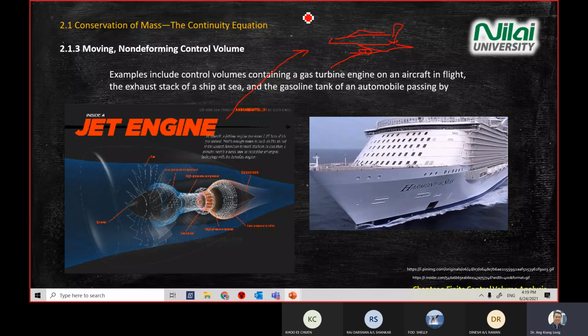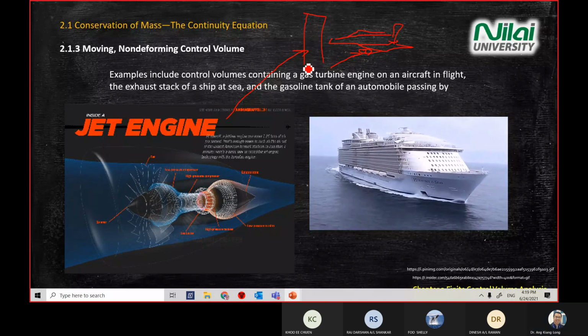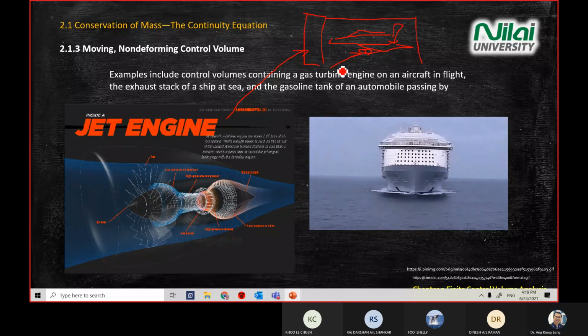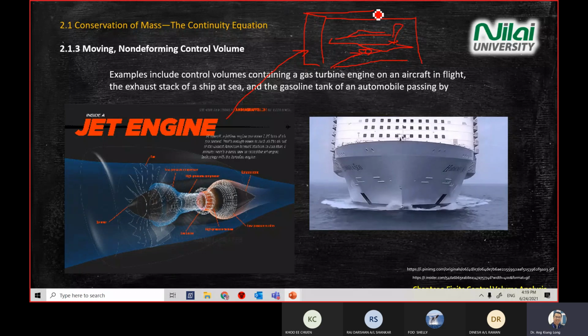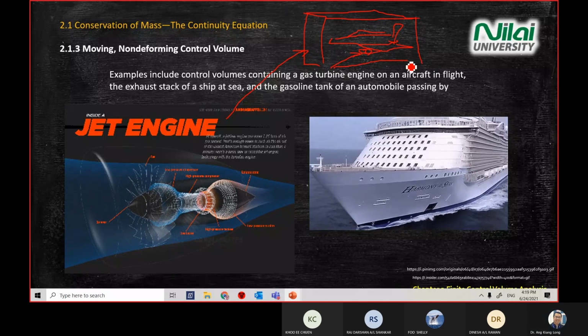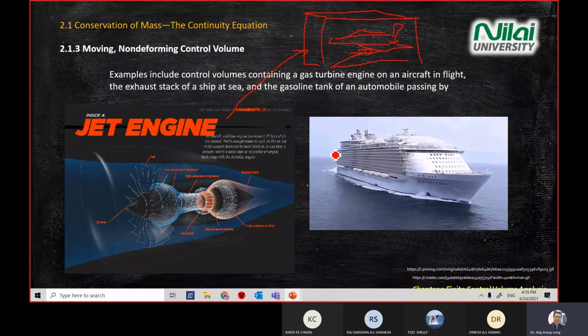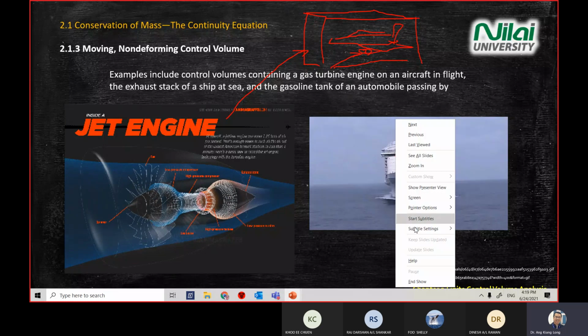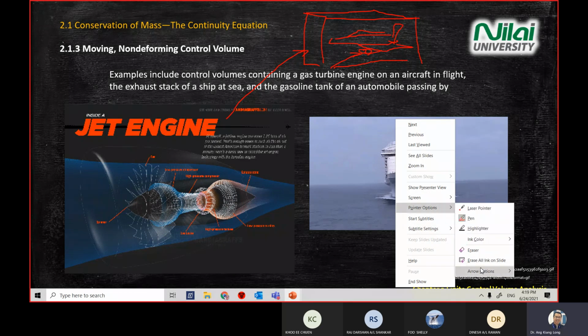So the aircraft will move through a control volume. The control volume is moving. Okay, so same with the ship also. All right, so today we look at moving control volume.